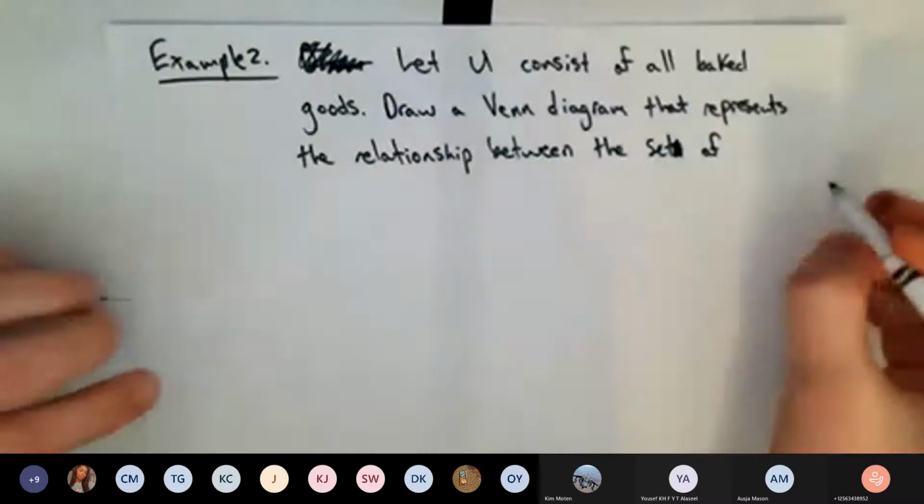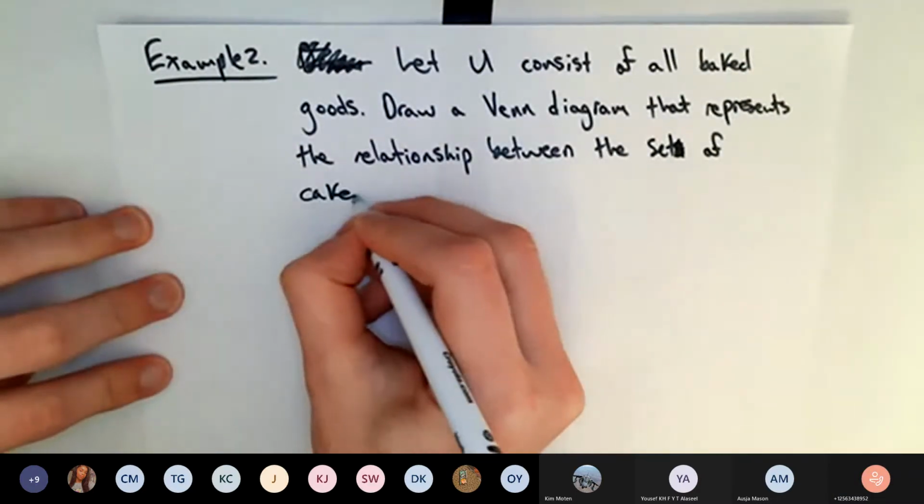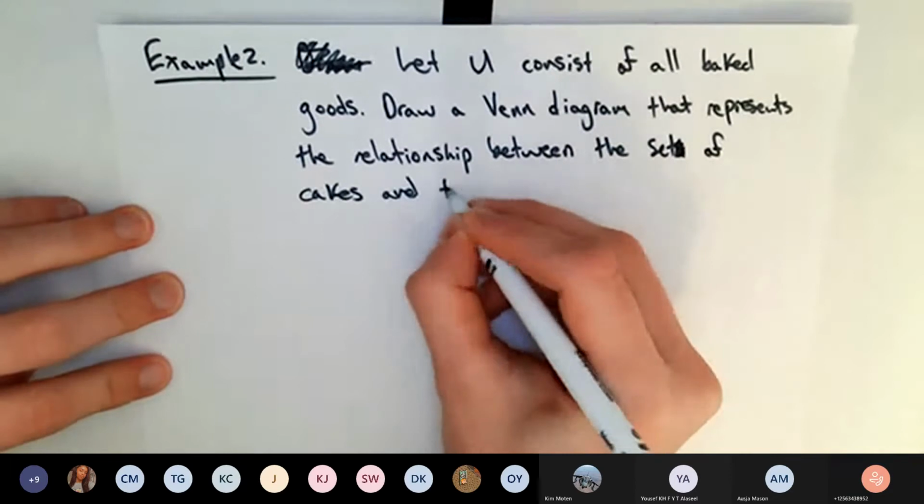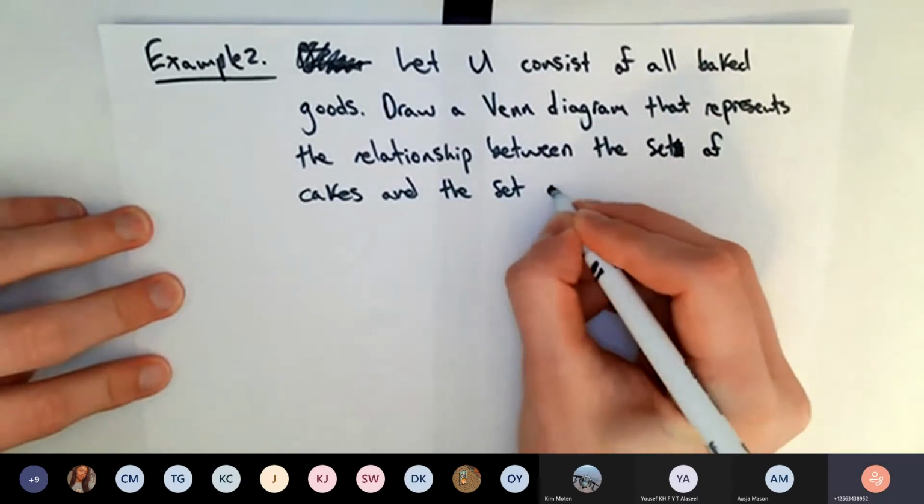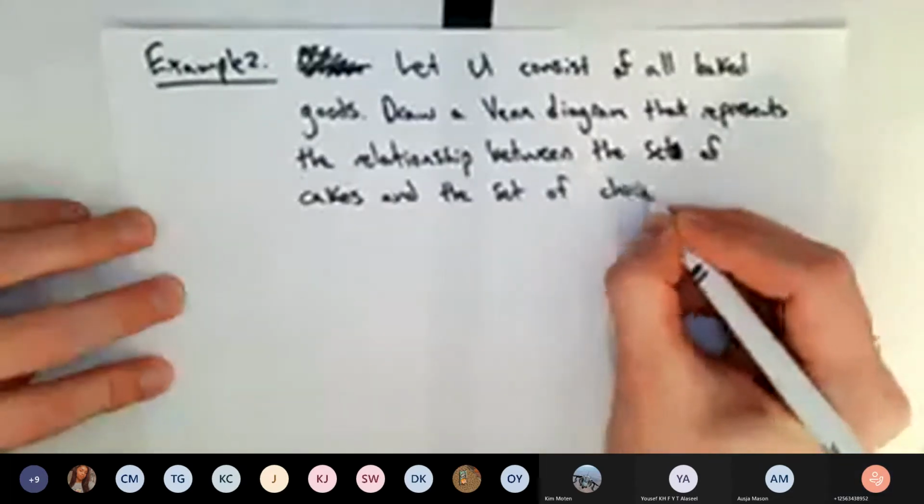Oh, gotcha. Okay. The set of cakes. So that's one set, and the set of chocolate cakes.